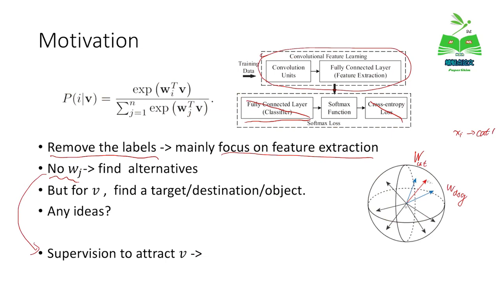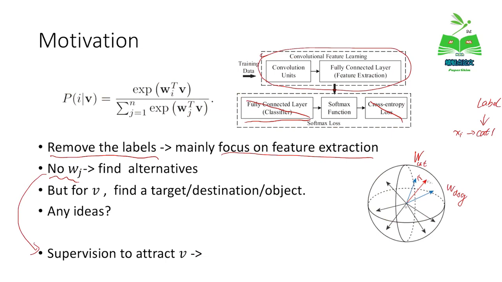So we know the label. We have the label. So this one will attract the V of xi to the W cat. We want the distance to be small, or the similarity to be large.